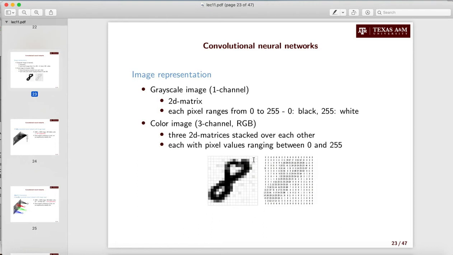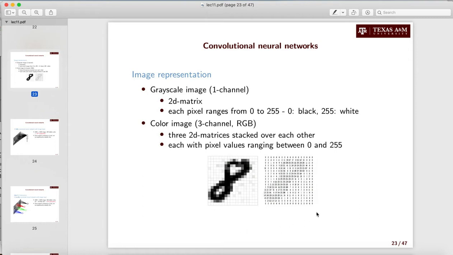So this image of a digit 8 is represented by a two-dimensional array. The higher the values in each of the corresponding elements of the array, the darker the corresponding pixel in the image is. So in this case, as we see in the figure of the 8, most of these values are close to 255, and in regions that correspond to the white space of the image, most of the values are around 0.